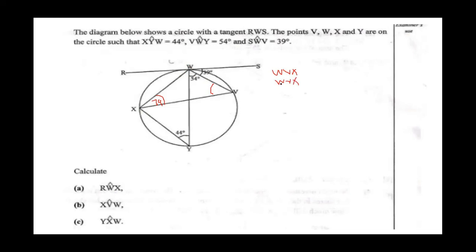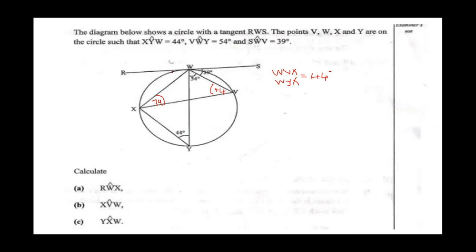Remember what I said? When the first letter and the last letter are the same, then it means that the angles are the same. In this case, the angles will be equivalent to 44 degrees because this one has 44. So even this one is 44.